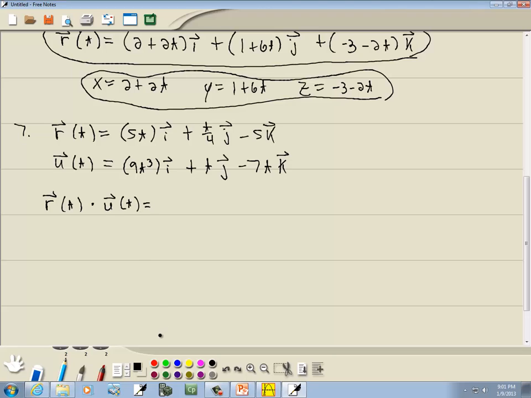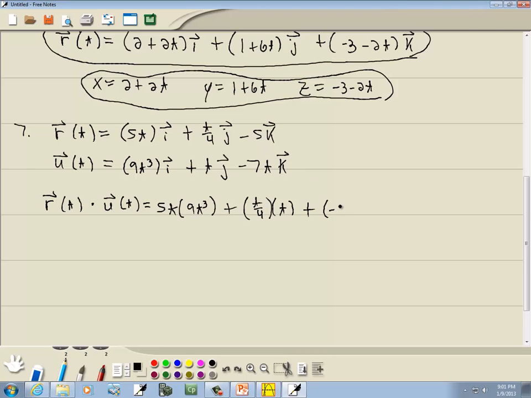Remember the dot product when we're dealing with vectors? This is not multiplication. What we do with the dot product is we multiply what's before the i's together. So I'm taking 5t times 9t to the third, plus, and then I'll multiply what's in front of the j's. So I got t over 4 times t, plus, now I'll multiply what's in front of the k's.